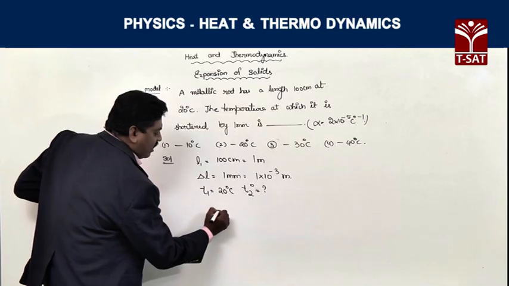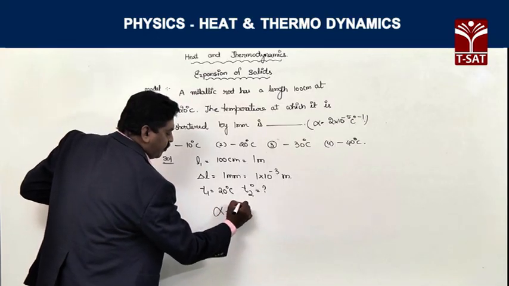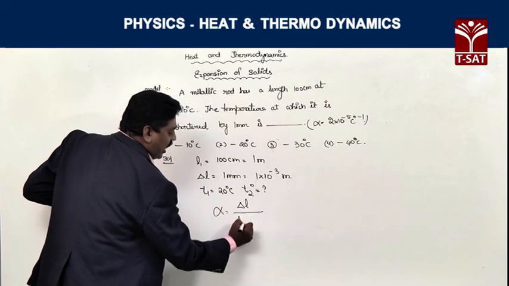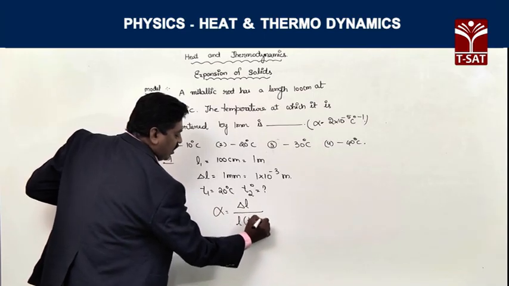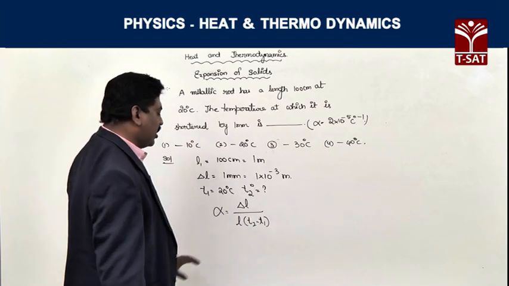The formula is given as alpha equals delta L by L into T2 minus T1. Substitute all the values in this.